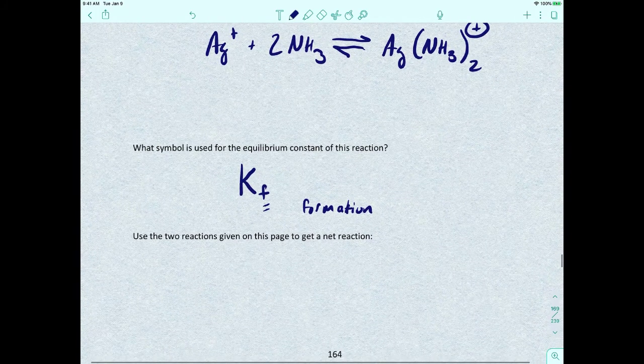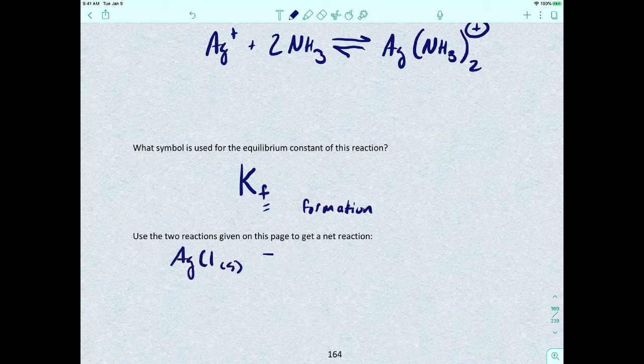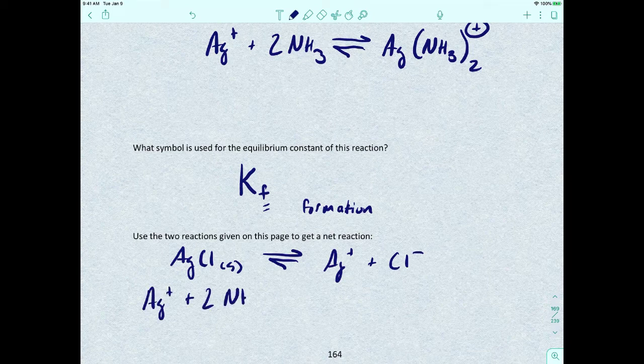Okay, so if we use the two reactions to get a net reaction, you've got this: AgCl forms an equilibrium between Ag plus and Cl minus, and then we've got Ag plus 2 NH3 forming an equilibrium to form Ag(NH3)2 with a plus charge.